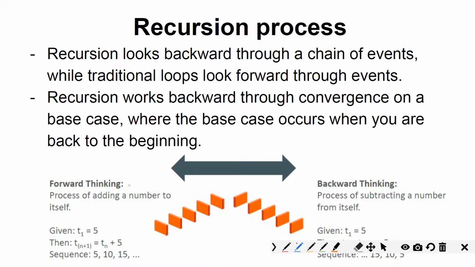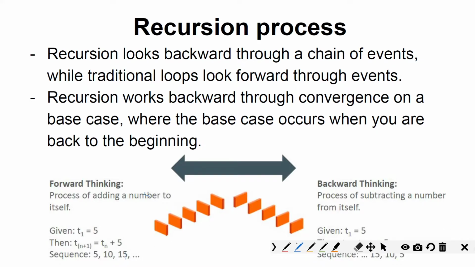And here, as you see, the process adding a number to itself, and given t1 equals 5, the first iteration has 5, after that plus 5 it's 10, plus 5 it's 15, and till the n. Like if we pick n equals 3, we get 15 as the result.